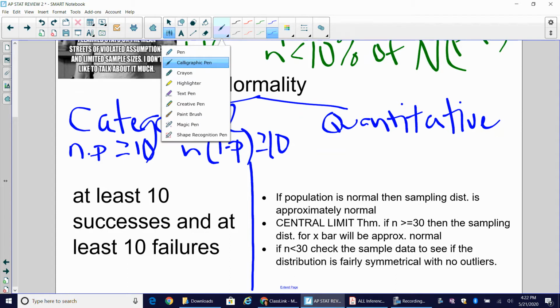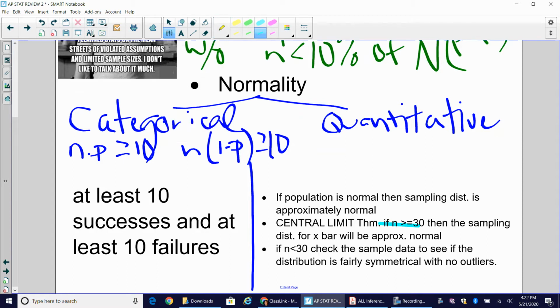Central limit theorem is based off the idea that you have a large enough sample to guarantee the sampling distribution will be approximately normal. But what we've examined in class is that there are other ways to have a sampling distribution that's approximately normal. One is if the population is normal. Population's normal, then your sampling distribution is automatically approximately normal.